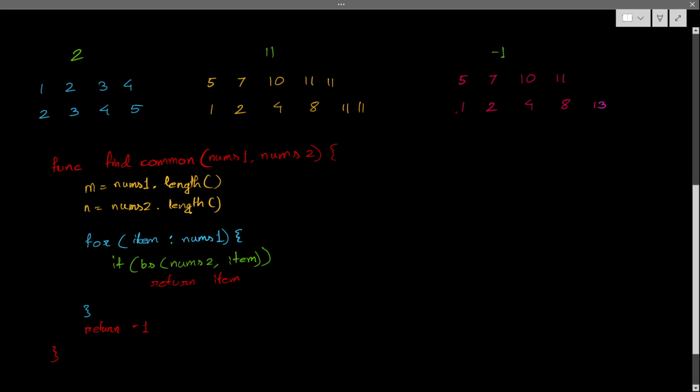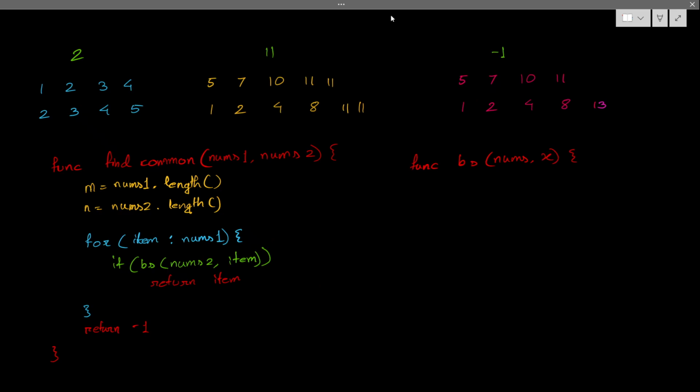Okay, I hope you all know the binary search function, but I'm writing it now. So let's say function binary search. What is given? One nums array and one item, or let's say x. I have to find x in the nums array.